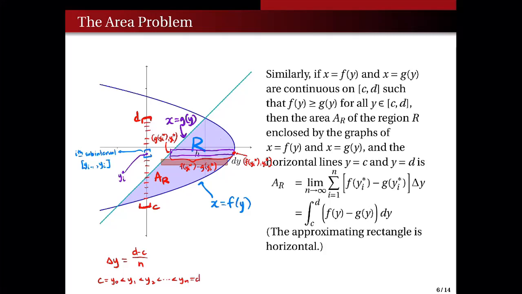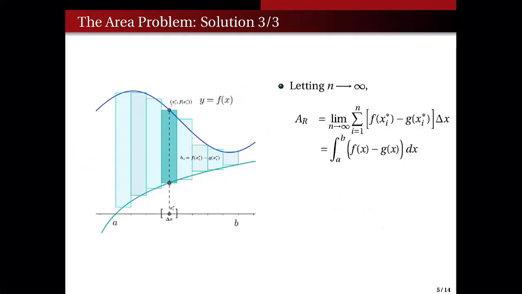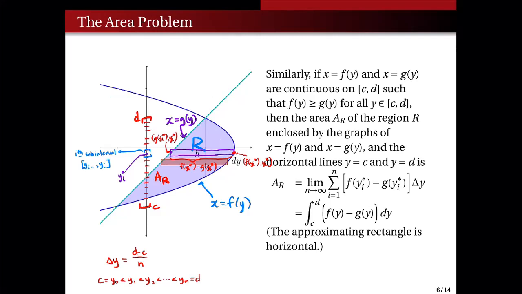So you have here right function, that's your f of y, minus the left function, that's your g of y. So in terms of x, above function minus below function. In terms of y, right function minus left function. I will tell you the importance of those phrases later in the example.